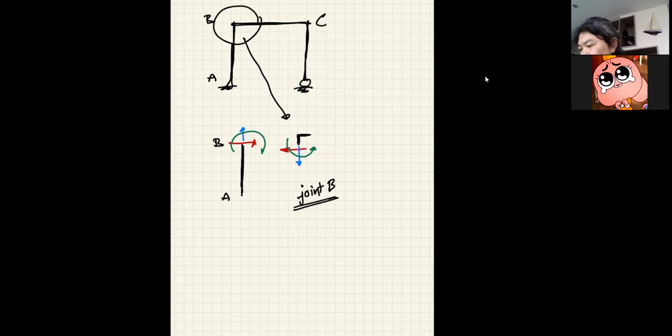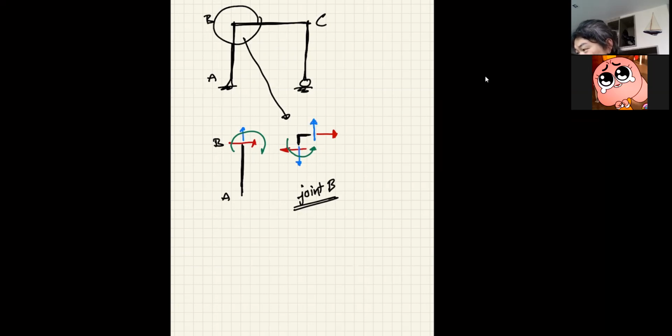Now you see the joint B is also connected to member BC. But looking at the joint itself, if at one end it has this, it has to have this horizontal force to maintain sigma Fx equal to 0. And then it has to maintain sigma Fy equal to 0 by having this blue vertical force.